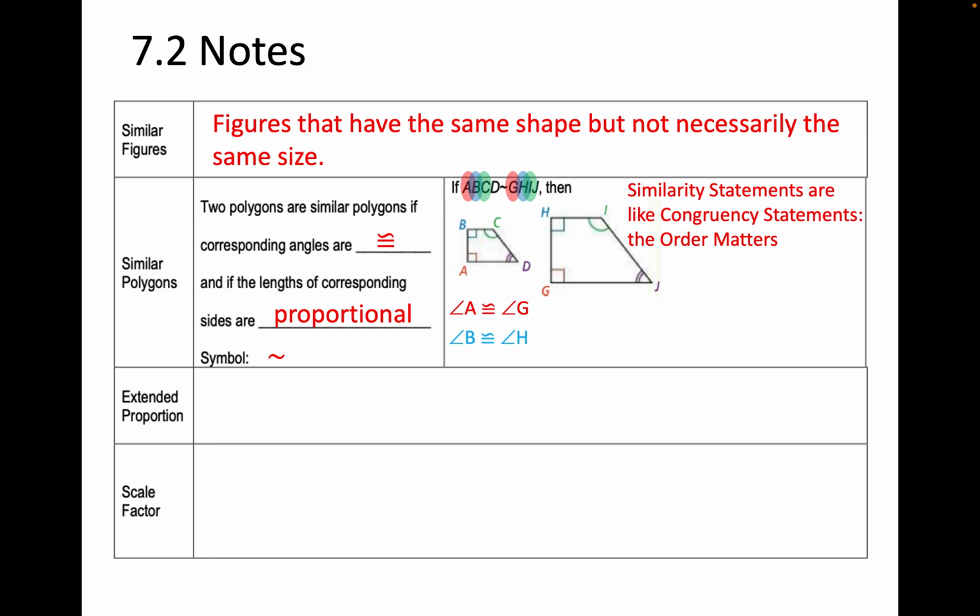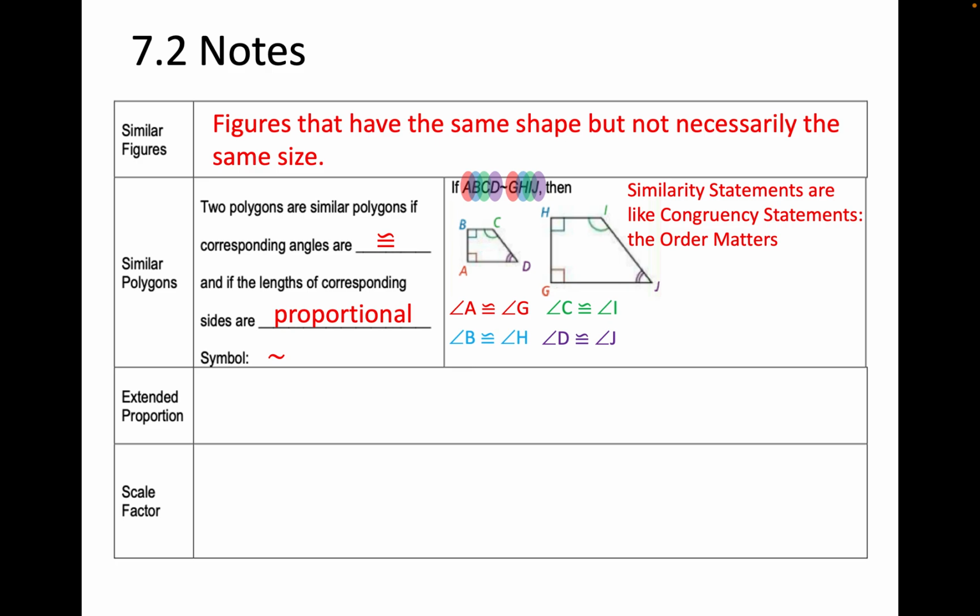C and I are in corresponding places, and I can see on my diagram they are congruent. And then finally, D and J, which again on my diagram they both have 2 marks. I can see they're congruent. They're in corresponding places, so they must also be congruent.